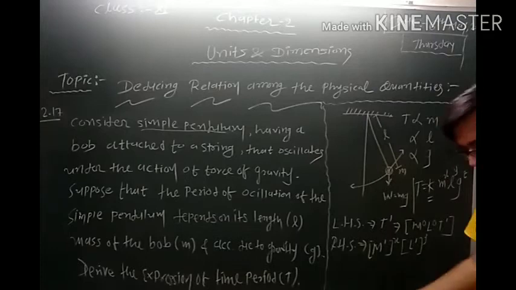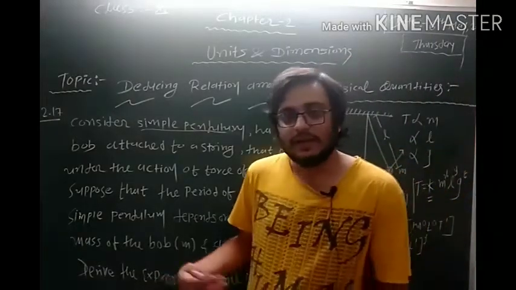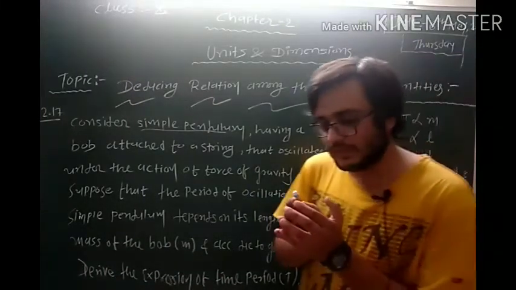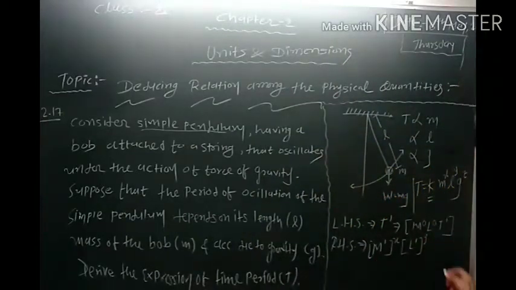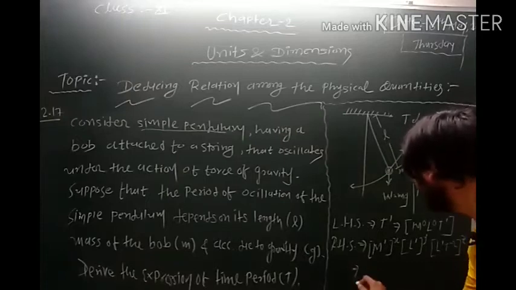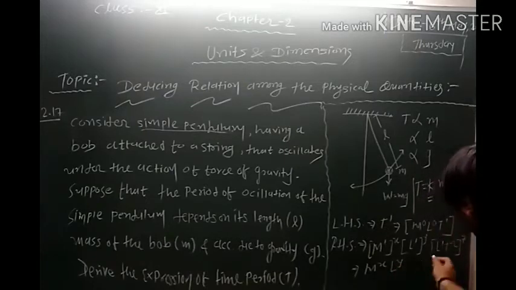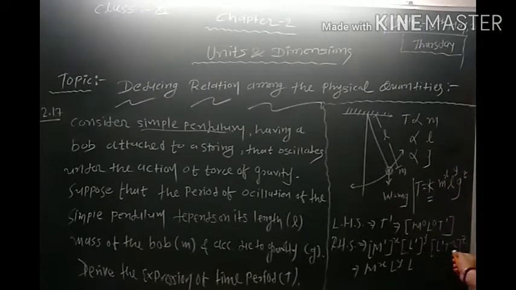And g is the acceleration due to gravity, same as a linear acceleration but from the earth's gravitational field, so we write L raised to 1, T raised to minus 2, all raised to z. Now we combine all these terms, then we get the result M raised to x, L raised to y, L raised to z, T raised to minus 2z.